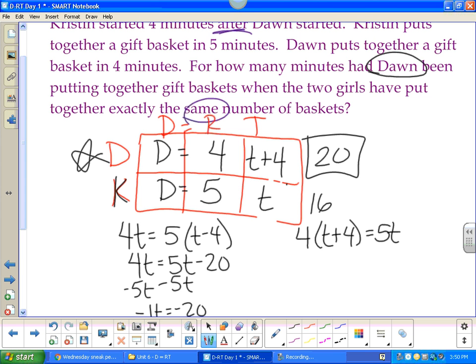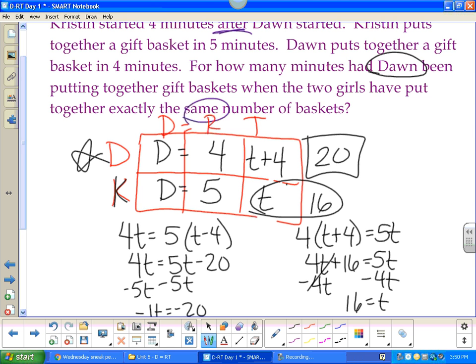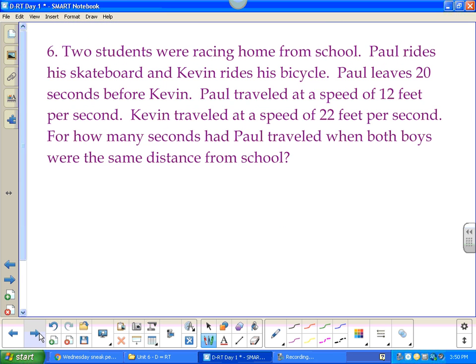Yeah. So 4T plus 16 equals 5T. Subtract the 4T. 16 equals T. So get the same thing. And then you add 4 and get the 20. So you can see that when someone starts earlier or later than the other one, you can minus or add to the other one. It doesn't matter.